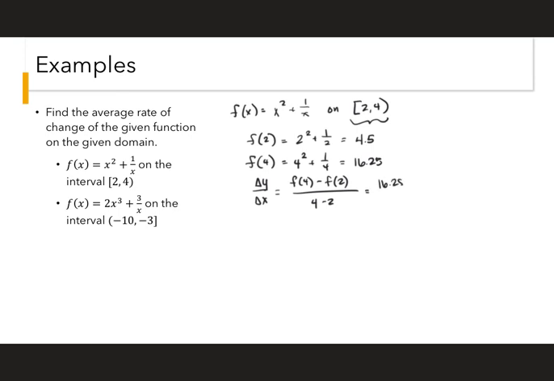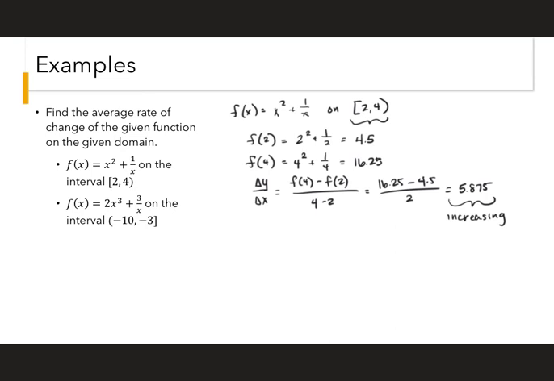So 16.25 minus 4.5 divided by 2, which is 5.875. Now what this tells us is this is an increasing interval. Over this interval, whatever happens in the center, we're not 100% sure because we're not looking that closely, but that interval gets bigger. That is a positive number, so it has a positive change over that amount of time, and so on that interval, it is increasing.